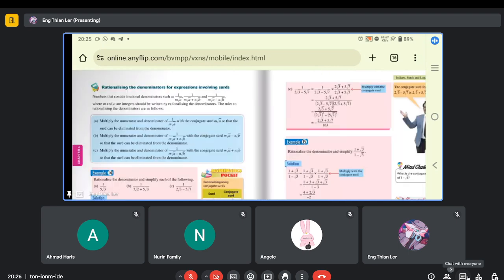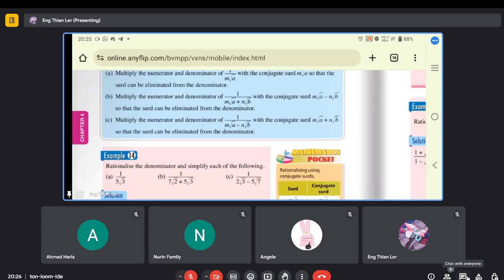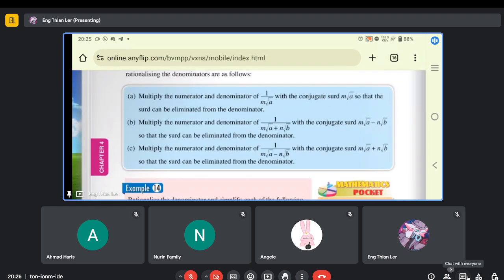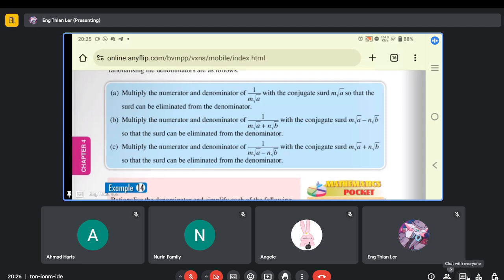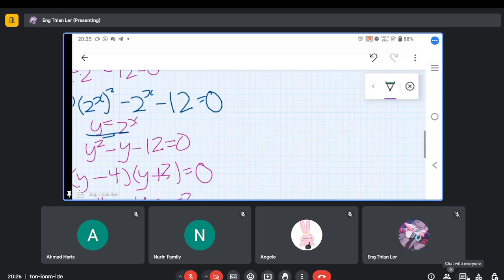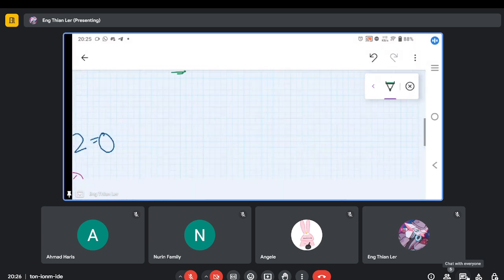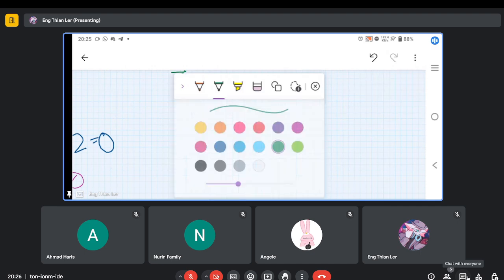I will tell you right now. Based on the textbook, you need to eliminate the denominator by multiplying by the conjugate. So what's the conjugate? Right, conjugate. So I will write here. This will be a new part.